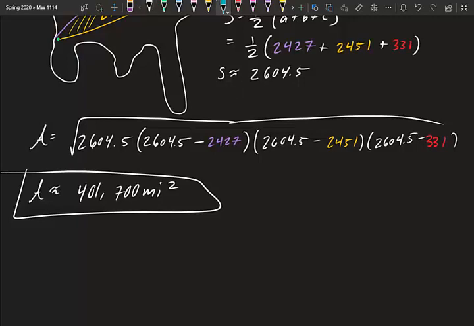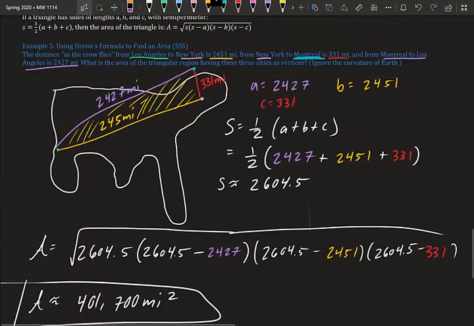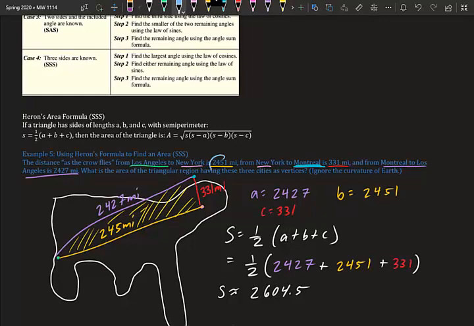And the reason why we went to 4 significant digits is because we started off with 4 significant digits right here. See, 4 significant digits.